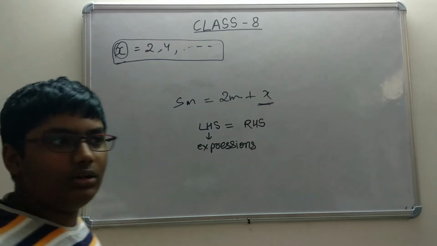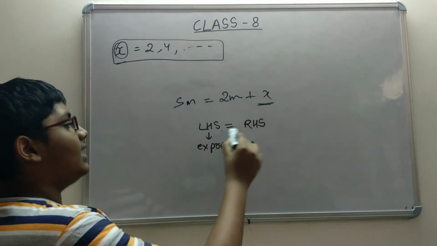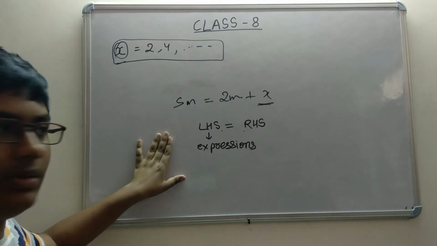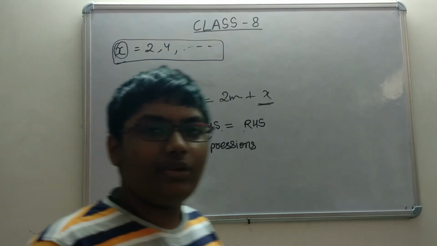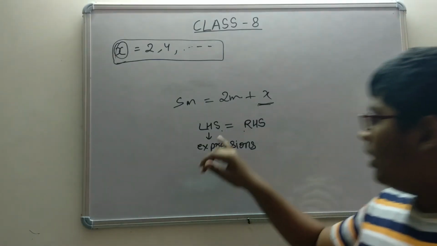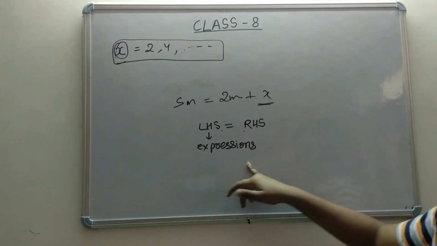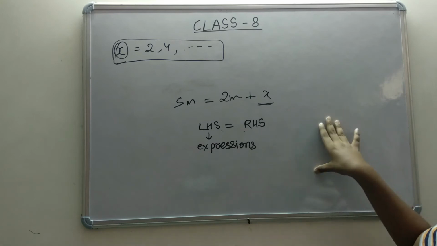Since we are learning the topic linear equations in one variable, on both sides there will be only one variable, or on only one side there will be the variable and on the other side only numbers. So as we have discussed, what do you mean by equations? An equality in which on both the sides we have expressions containing the same variable, in particular in this class 8 topic, because we are dealing with only one variable.